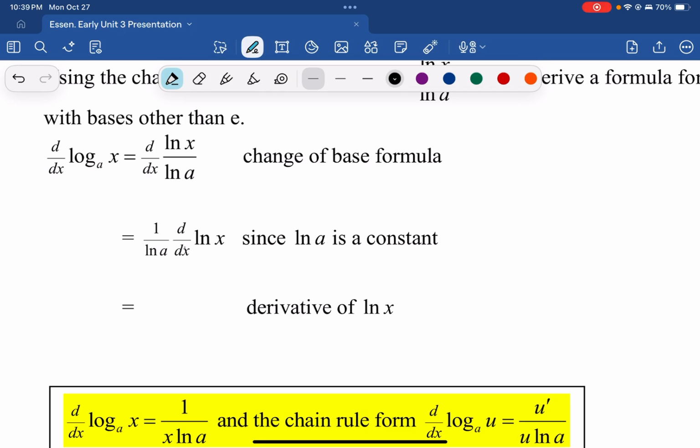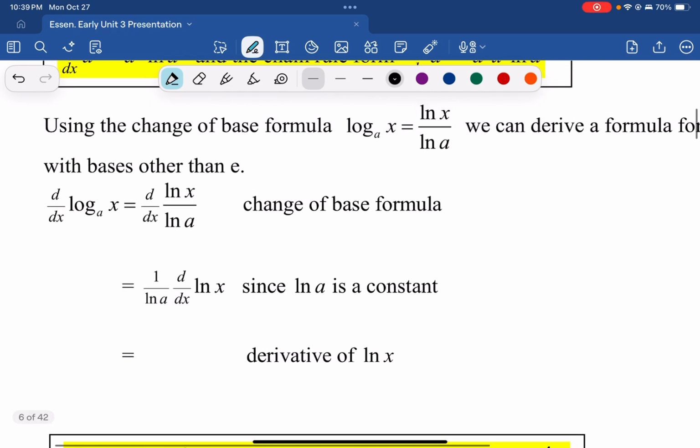We get 1 over the natural log of a times the derivative of the natural log of x, since the natural log of a is a constant, just a number, so I can pull that out front. And the derivative of the natural log is 1 over x. So we're going to have 1 over the natural log of a times 1 over x.